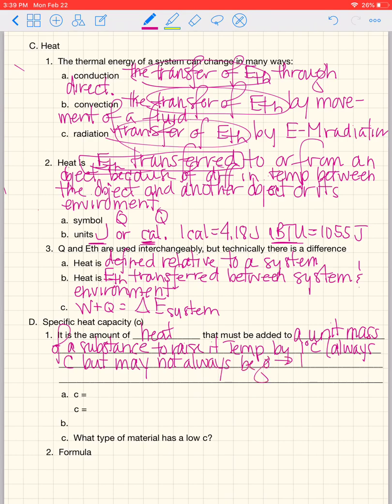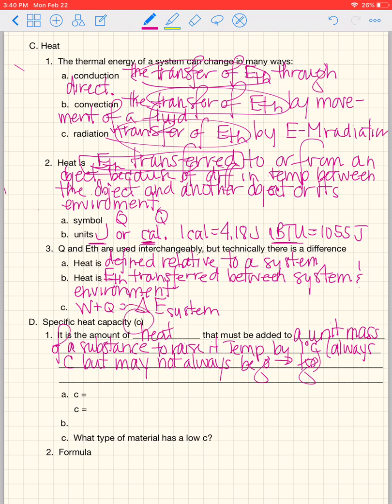It could be kilogram instead. All right, so C is that measurement for it. It's what tells me how capable it is. C is the symbol for specific heat capacity, and I showed you that here.